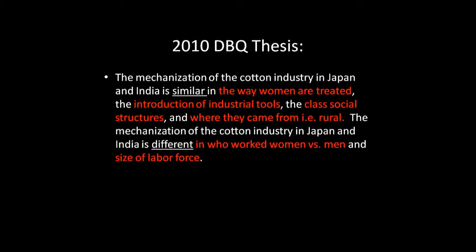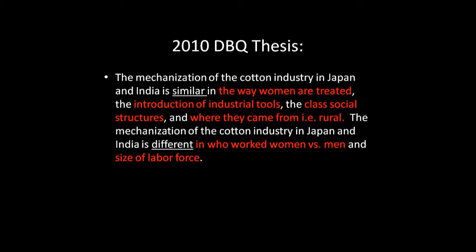So they're similar in that women are treated roughly the same. They're similar in the introduction of industrial tools. They both start to use looms that are manufactured that use steam power and stuff, and then they're similar in their class structure. So the social structure that is involved there, i.e., they come from rural peasants, move into the city.